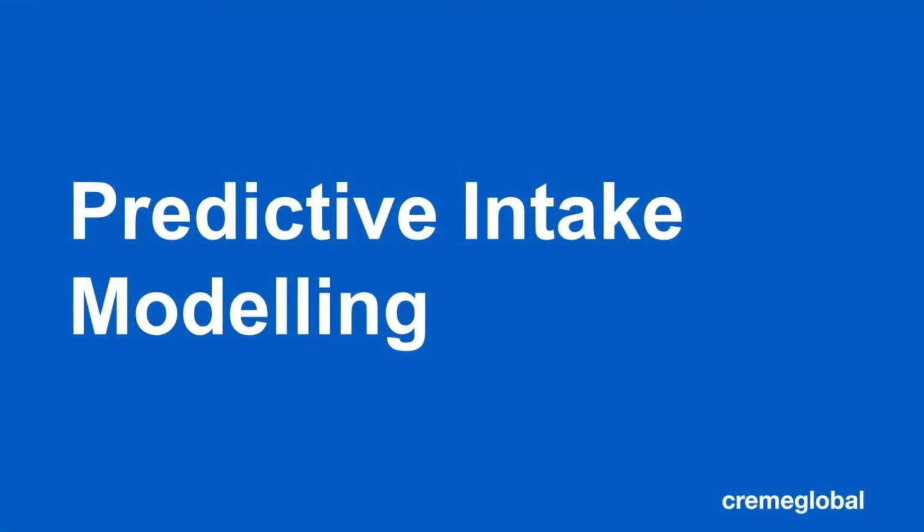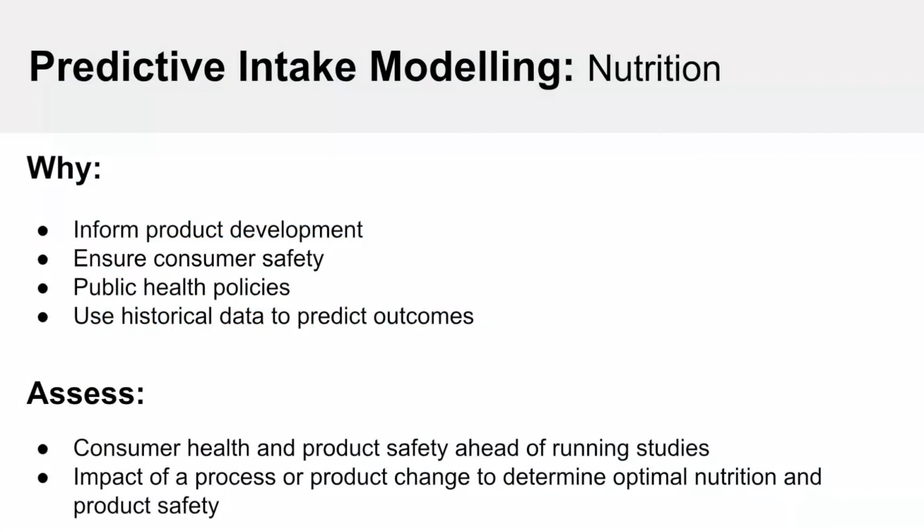So next, I'm going to talk about predictive modelling and how it can be applied in nutrition and specifically within the food consumption survey. So predictive intake modelling in nutrition, why do we use it? Well, it's used to inform product development, to ensure consumer safety, for public health policies, and to use historical data to predict outcomes.